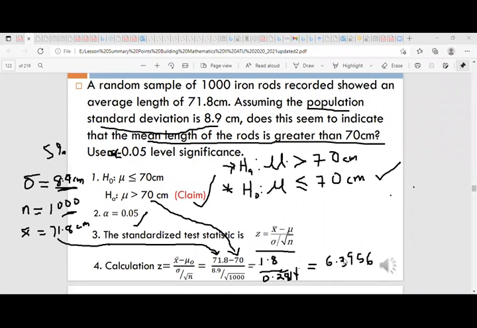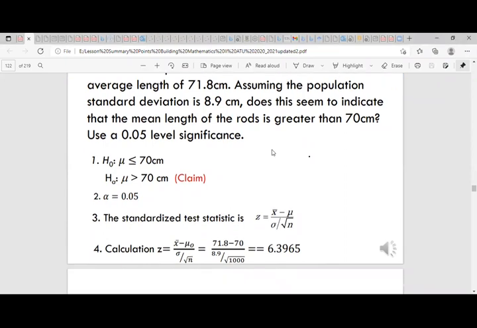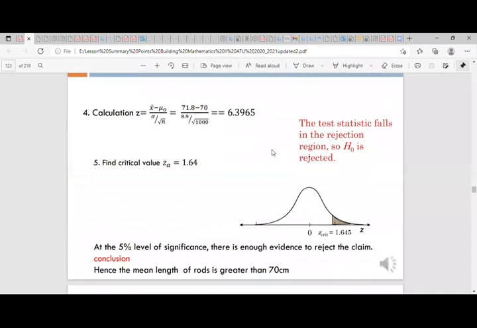Now, there are 2 ways to do that. One approach is to estimate the p-value and compare with your alpha value to decide. We're not going to use that approach for now. We'll look at that later when we get to class.